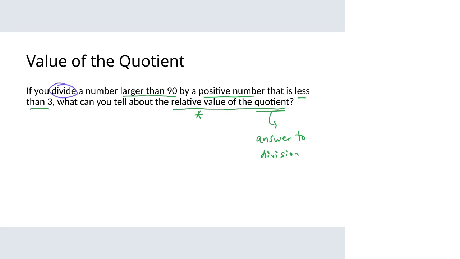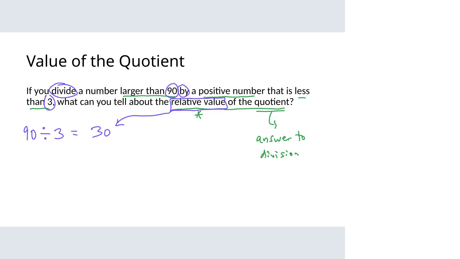That's going to give us our baseline. So we're going to do 90 divided by 3, and that's 30. So 30 is kind of our baseline. When we're asked about the relative value, it's going to be compared to 30. Compared to 30, what is our answer going to be?